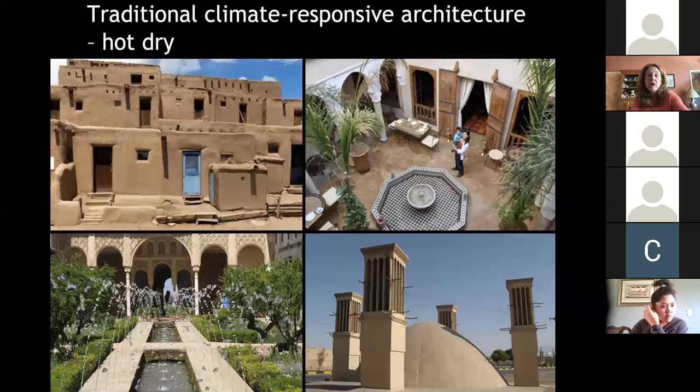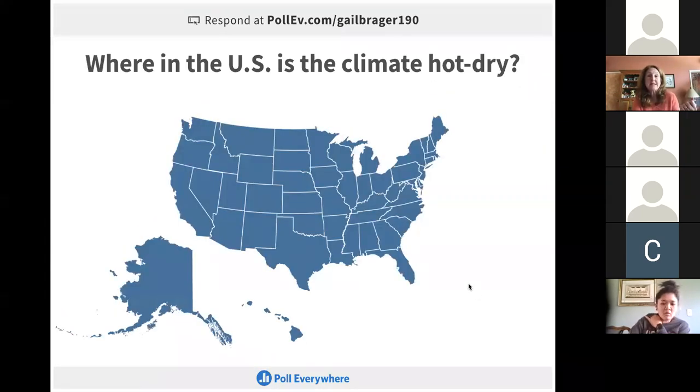You see in the lower right, we'll talk about these wind scoops and thermal chimneys for bringing in air to lower spaces. And then the flat roofs are a way of having radiative cooling to the night sky, which we'll also be talking about.